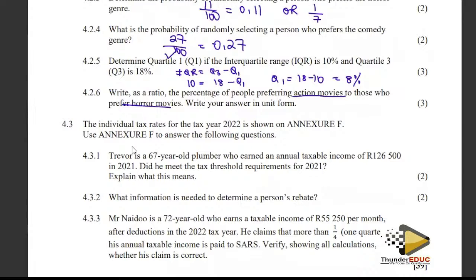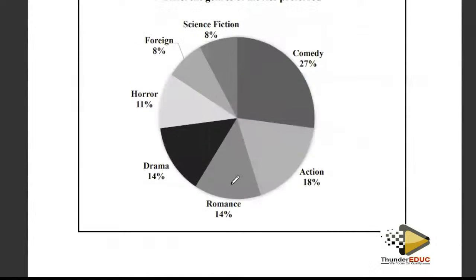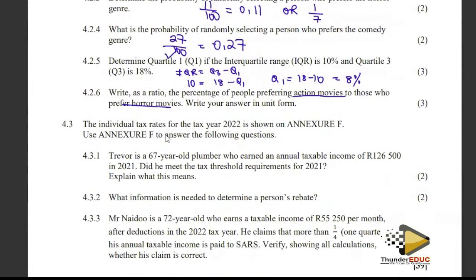Action movies are 18%, horror movies are 11%. So it's 18 is to 11. This is the first thing you do, but in simplified form it's 1 to something. They said action movies first, so we shall divide through by 18.